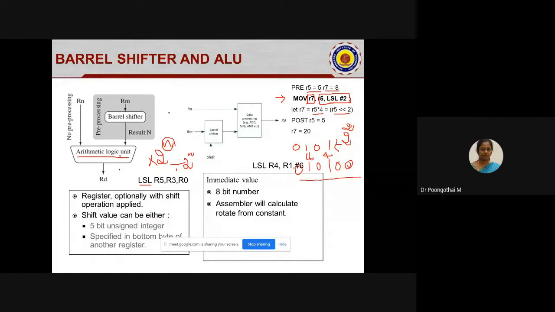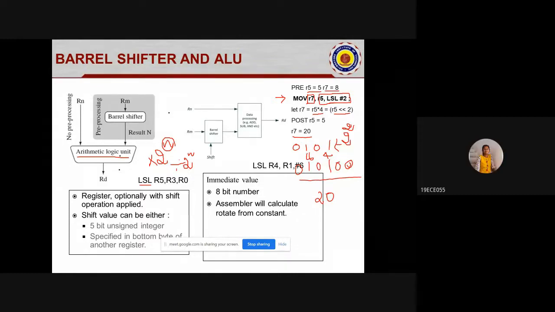Your answer is going to be 20. So it is performing 2 power n multiplication. R5 is multiplied by 4, so you will be getting 20. This 20 will be held by R7. Is that clear? Yes, ma'am.